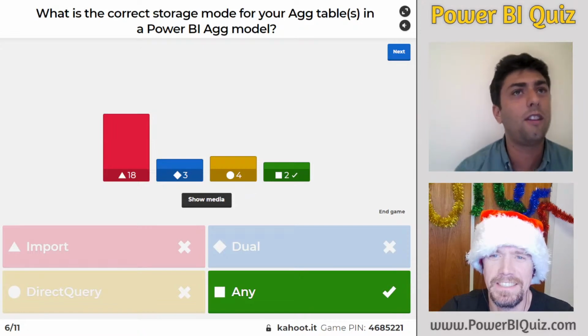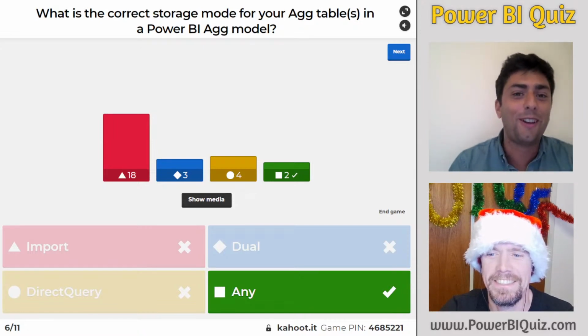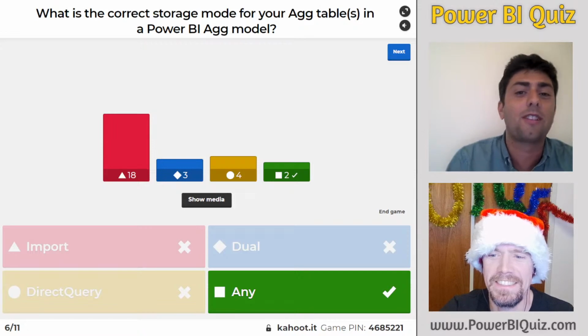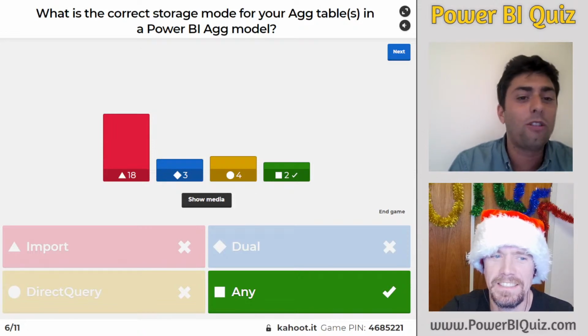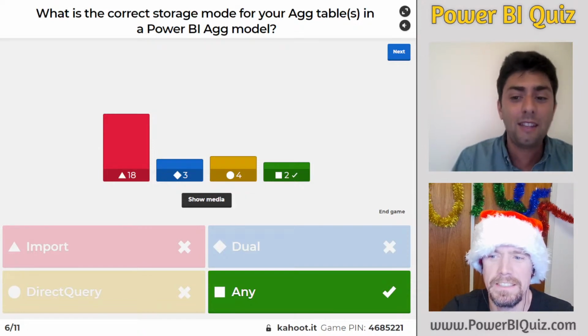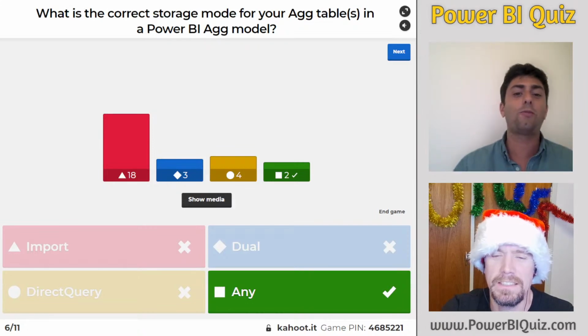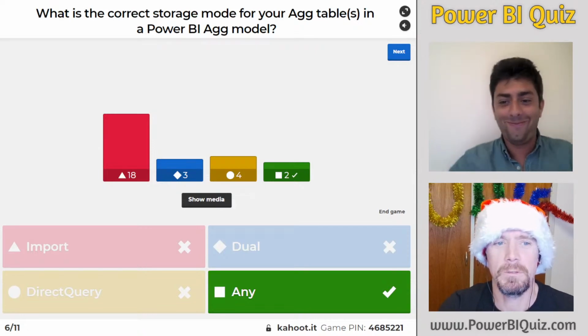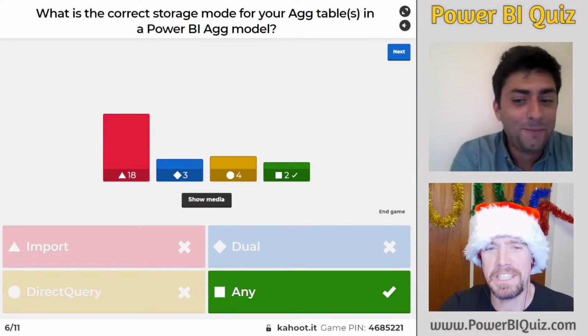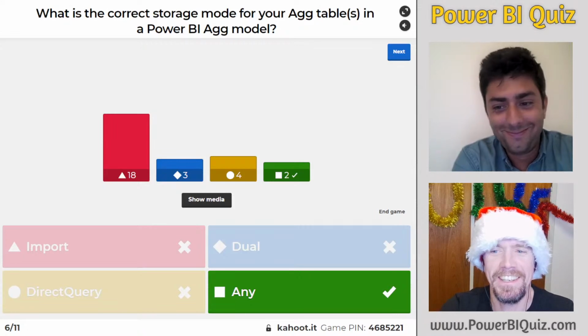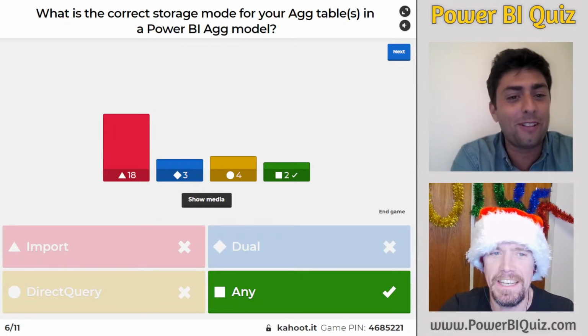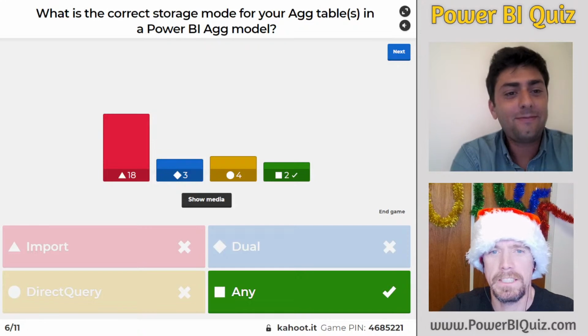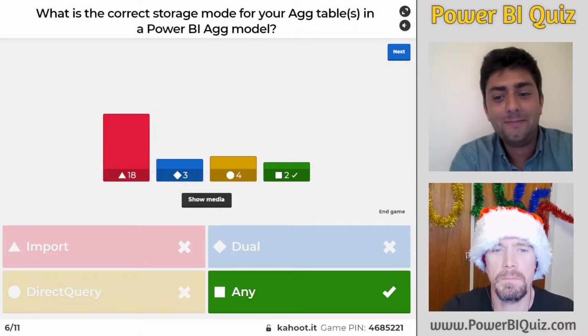To be honest, in 99% of the Power BI Ag models I deploy, I always use the import mode for my aggregated tables. But technically, they don't necessarily need to be in import mode. Yeah, so it was a tricky question. Yeah, that was a tricky one. So yeah, technically, what you should do is import mode.